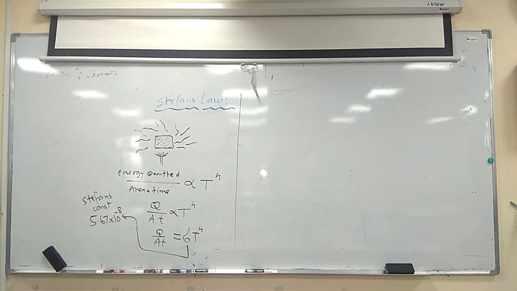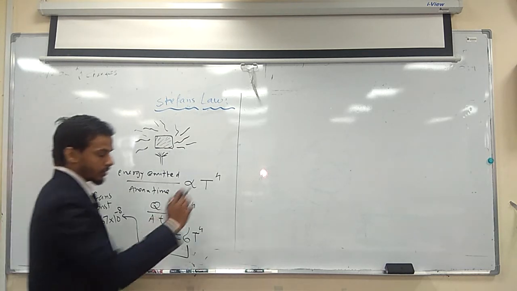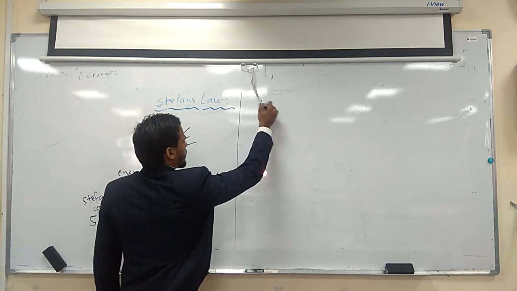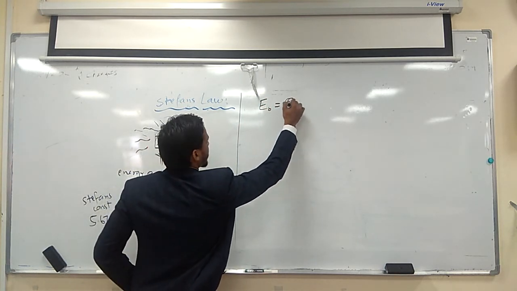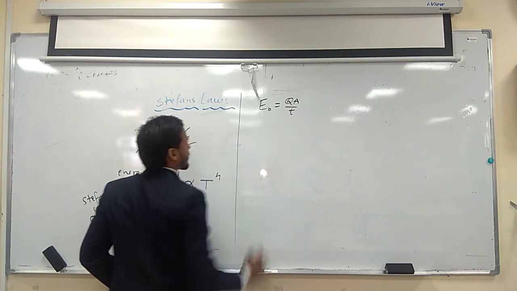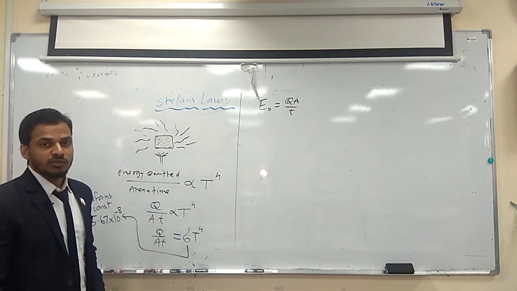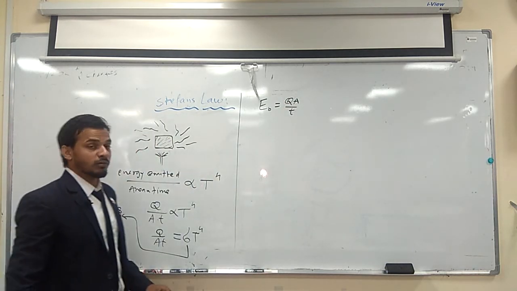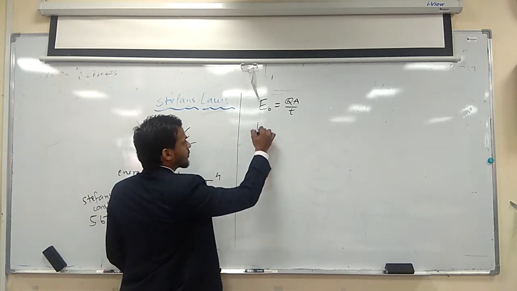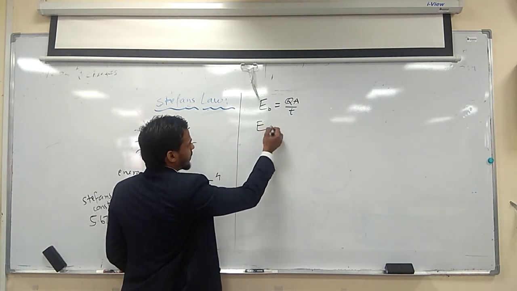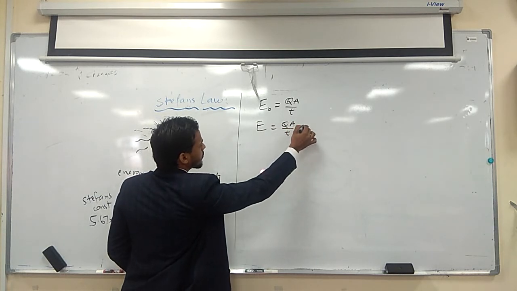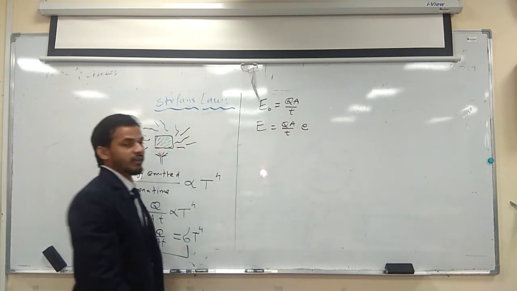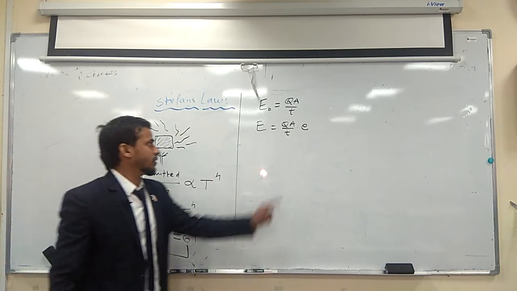So here I write emissive power of a black body is equal to Q by At. So what's the emissive power of a normal, ordinary body? So that E is equal to Q by At into e, where e is the coefficient of emission.